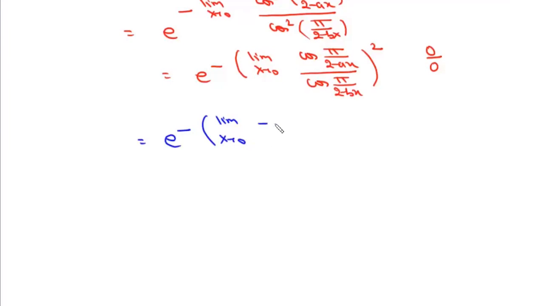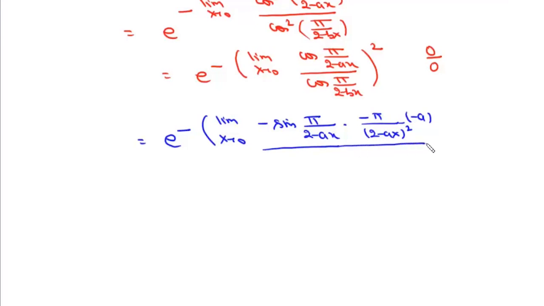Now differentiation of cos is minus sine, so it will be minus sine (pi upon 2 minus ax), and then minus pi upon 2 minus ax whole square into minus a, and the denominator will be minus sine (pi upon 2 minus bx), and then minus pi upon 2 minus bx whole square into minus b, whole square.